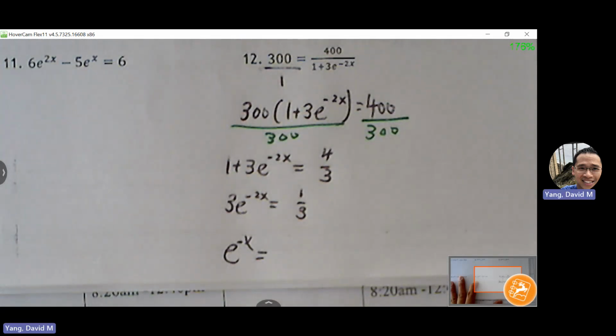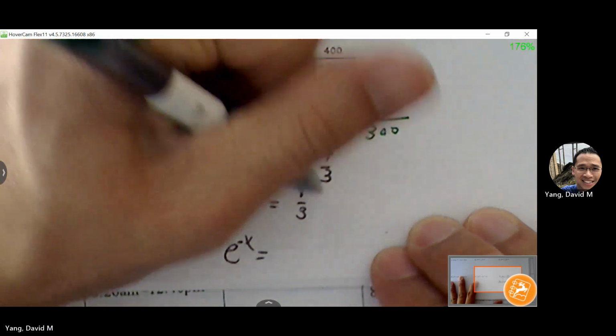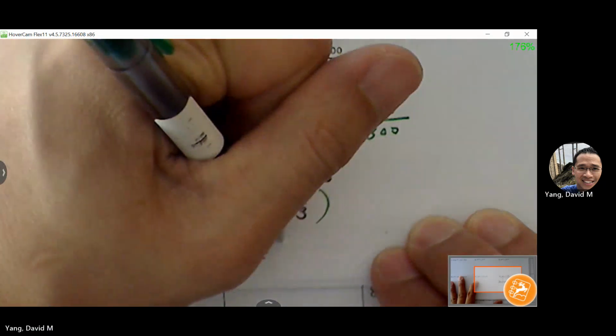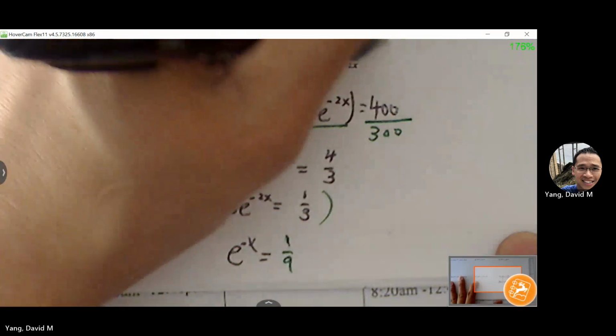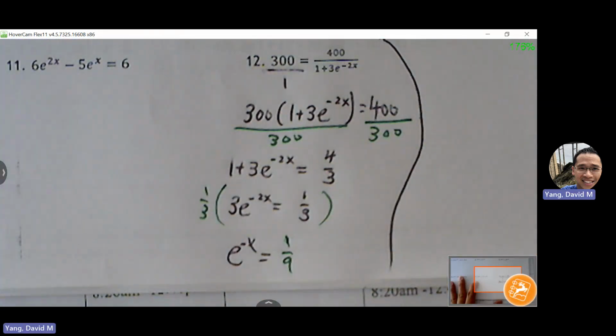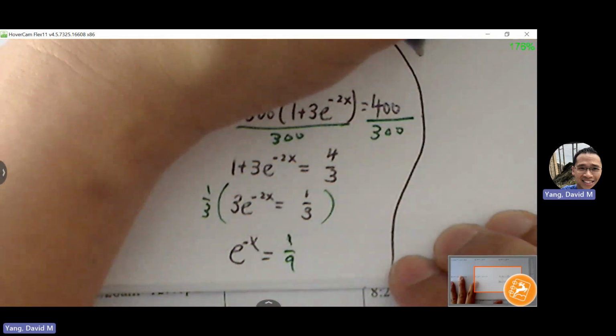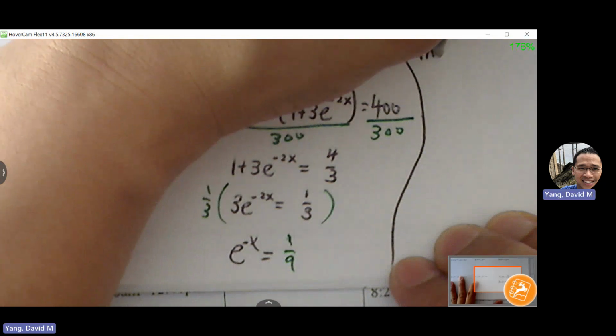One-third divided by 3 is the same thing as 1 times 1/3, so it gives me 1/9. So now that that e to the negative 2x is by itself, let's go ahead and take the natural log of both sides, because our ultimate goal is to get that x by itself.